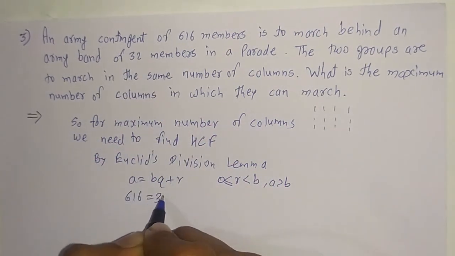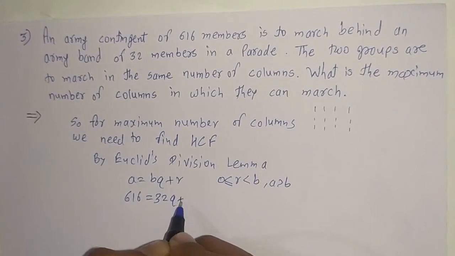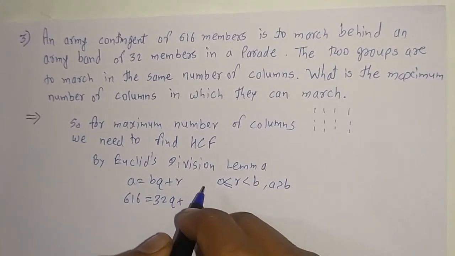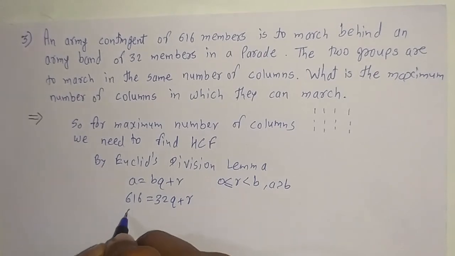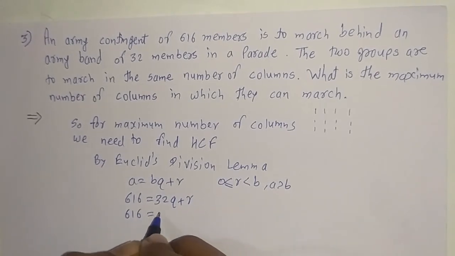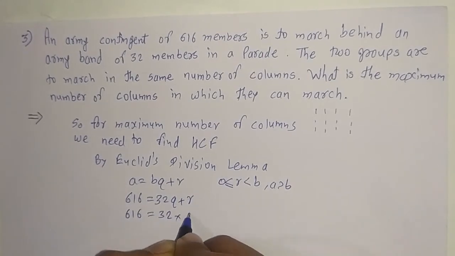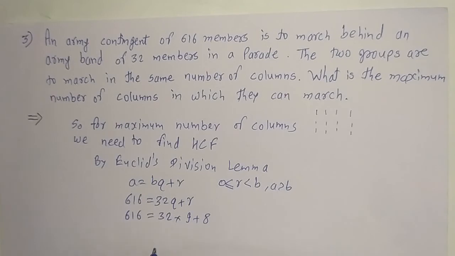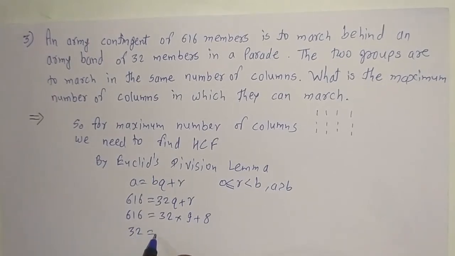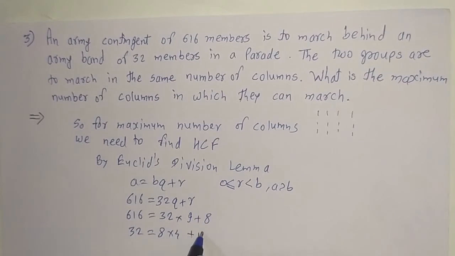If we apply Euclid's division lemma, 616 equals 32 into 19 plus 8, you take quotient 19 and get remainder 8. Then 32 equals 8 into 4 plus 0.